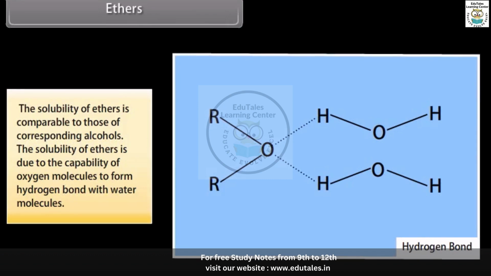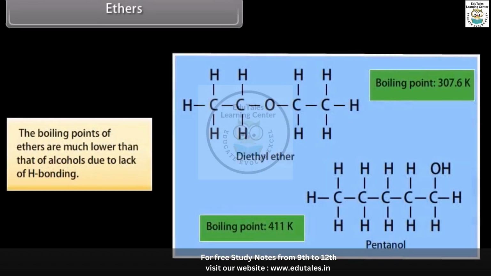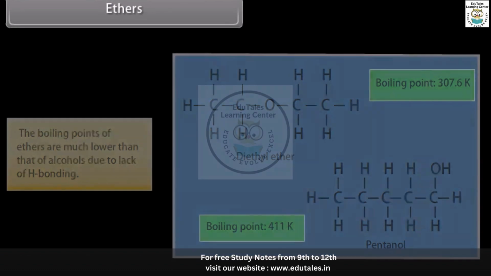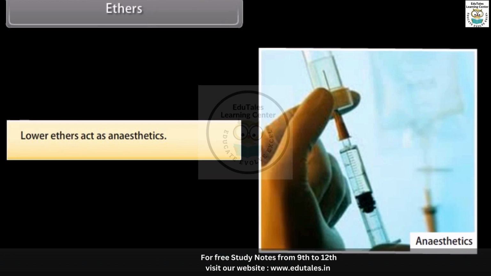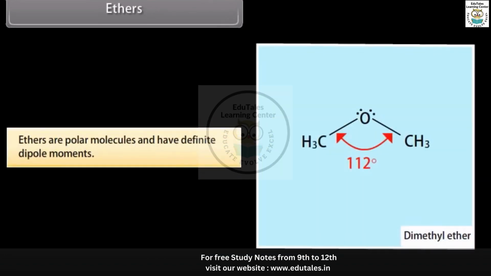The solubility of ethers is due to the capability of oxygen to form hydrogen bonds with water molecules. The boiling points of ethers are much lower than those of alcohols due to the lack of hydrogen bonding. Lower ethers act as anesthetics. Ethers are polar molecules and have definite dipole moments.